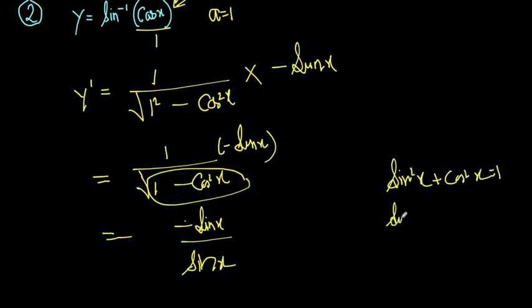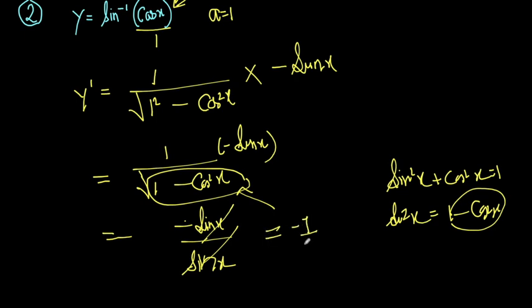So sin square x is equal to 1 minus cos square x. That's why I have replaced these things by sin square x, and if you take under root you will get sin x. So this and this cancel out, your answer will be minus 1. So this is the way you can solve any inverse trigonometric function.